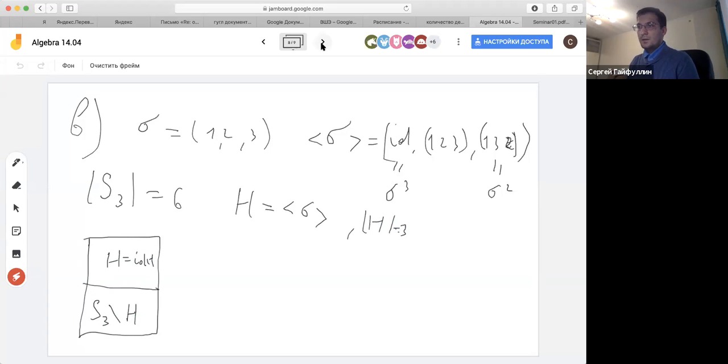And right cassettes are the same, because we have no other elements. We have just one cassette except H. So in this picture, left cassettes and right cassettes coincide.